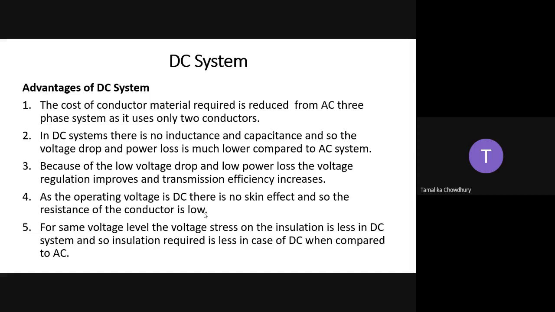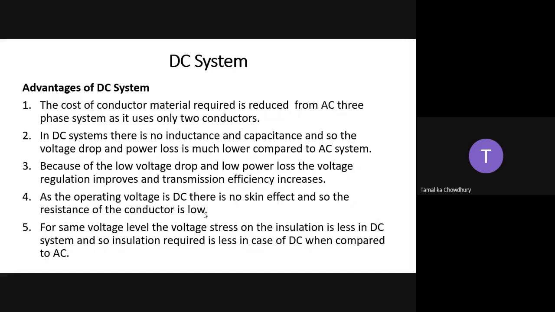Then comes that as the operating voltage in DC, there is no skin effect. Skin effect is another effect. You see all these effects, corona, skin effect, Ferranti effect, these are all very important issues in power system, transmission and distribution. So keep them in mind.